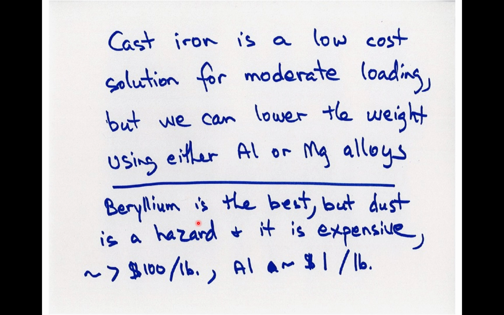It's a good low-cost solution, but we can lower the weight using either aluminum or magnesium alloys. Beryllium's the best, but the dust is a hazard, and it's expensive. Beryllium's over $100 a pound, before you even take into account the extra cost of machining it, because you have to be careful when you machine it. Aluminum's on the order of $1 to $2 a pound.